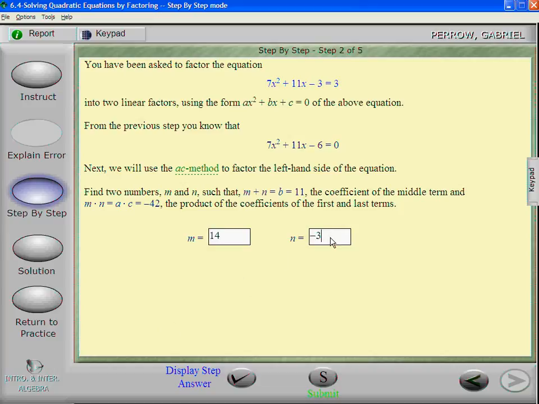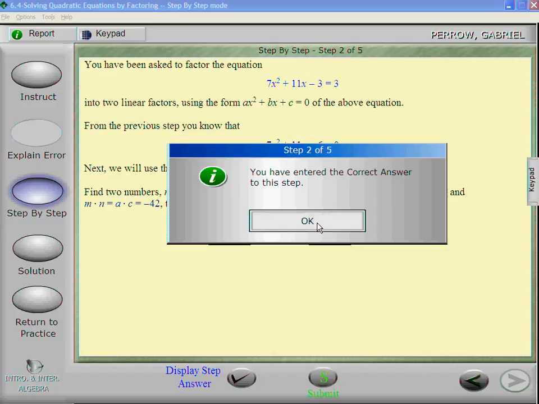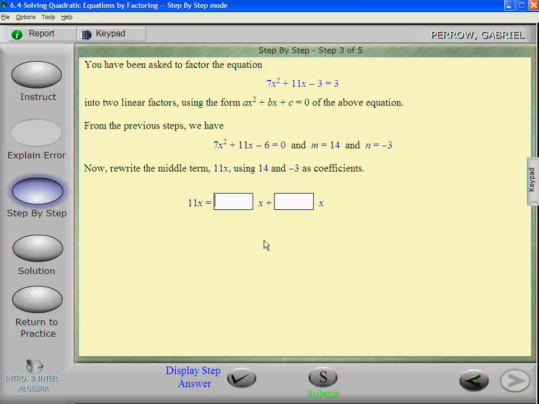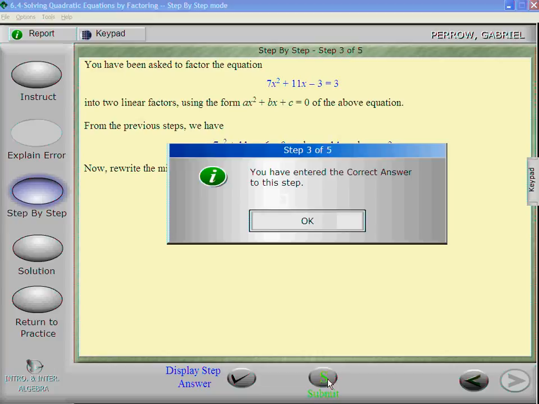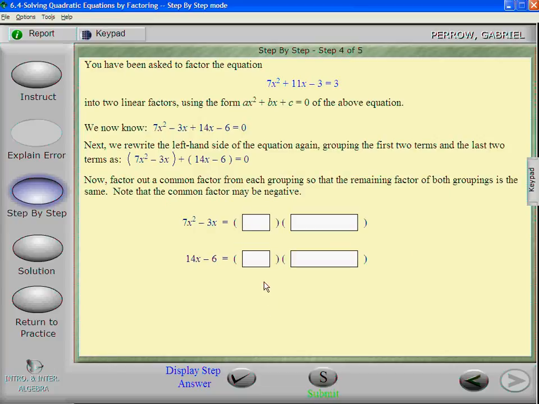Okay, again, you can test it with your calculator until you get the right combo. Alright, so if that's true, we've got the 14x and plus a minus 3x. Okay, and with those numbers, we can think of the first group of two, that they have a greatest common factor of just x.